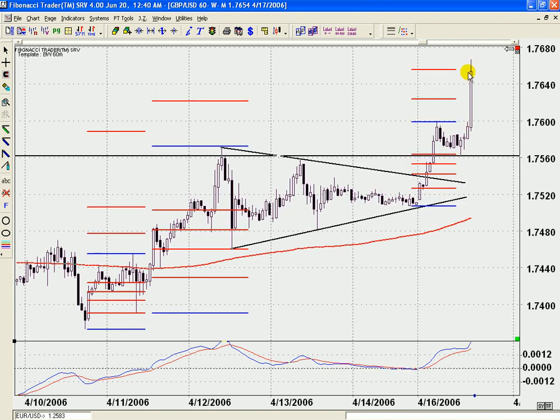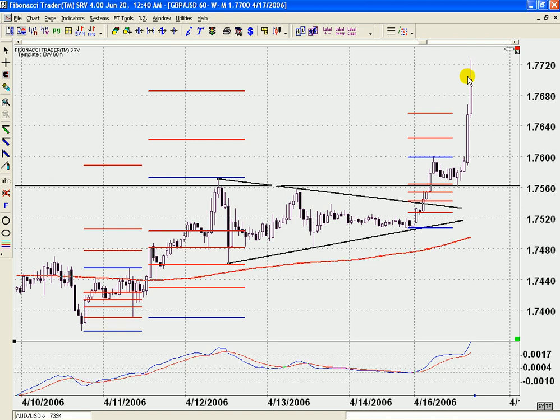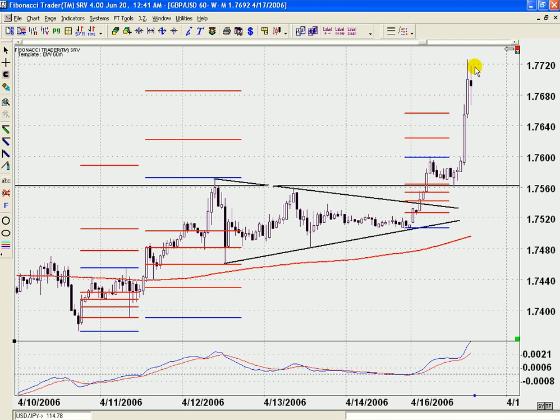We spike up to the 162% extension. We blast through 7,700 according to this 60-minute chart. Don't know if we got a bounce at 7,700 or not. We'd have to look on a smaller time frame. Currently at 77.20, a natural support resistance level as well.